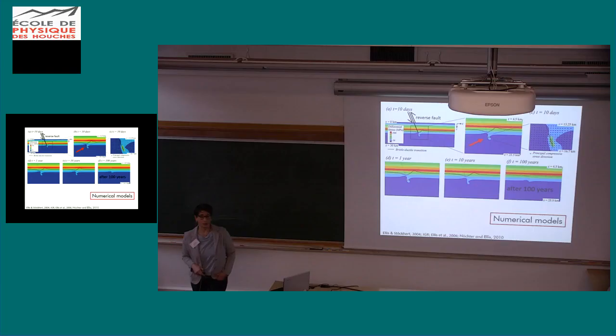Then there are numerical models that try to get a handle on that area, which we cannot access directly. All the observational evidence is somehow indirect. So what do the numerical models show? That is one of the earlier models from Ellis and Stöckhert. There have been several others after that, by the group of Nüchter and Ellis and Stöckhert.